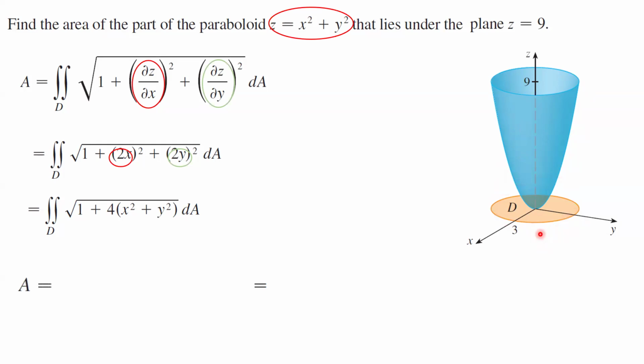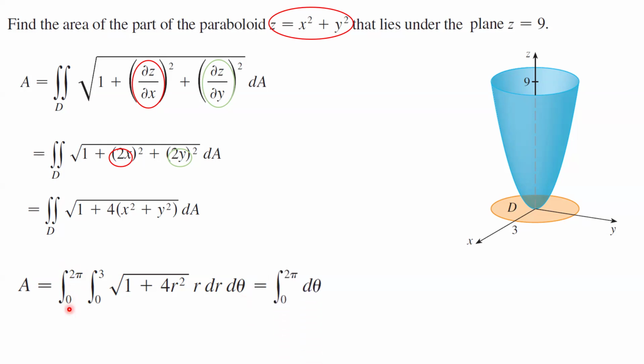In this case, you can write the area of the surface as the definite integral of the square root of 1 plus 4r squared, times r dr, where the radius r ranges between 0 and 3, and theta is bounded between 0 and 2 pi. You can use u-sub.